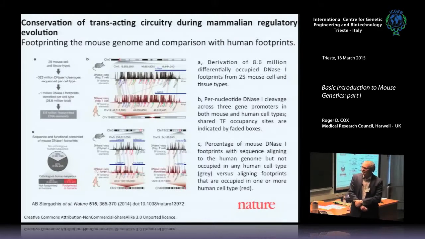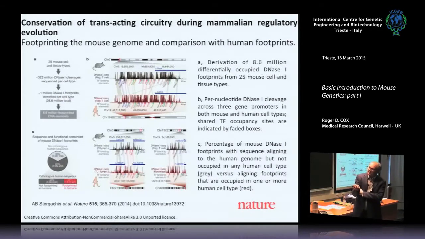So I took out a few of the slides just to illustrate the sorts of things that they've been doing. This is from the Stamatoyannopoulos paper. As I said, they were looking at mouse tissue. They've done all this in human already with cell lines and tissues, and this is an ongoing project as well. They looked at around 25 mouse cell lines and different tissues.